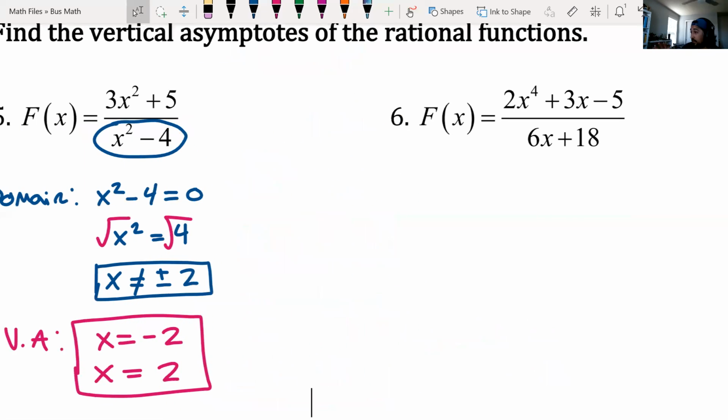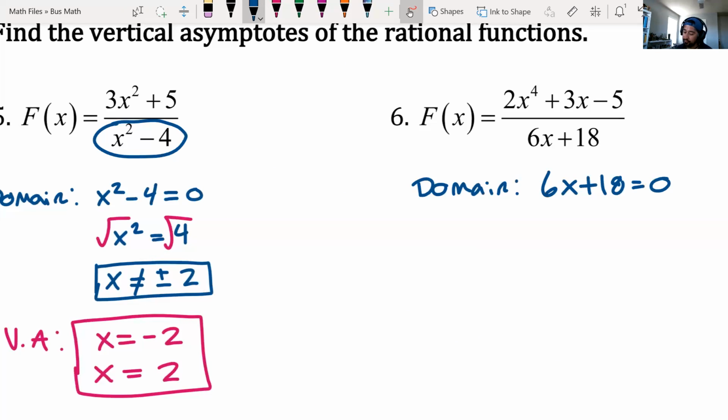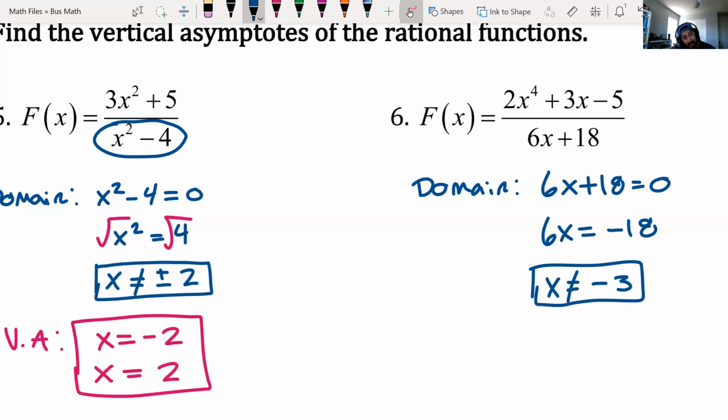Number 6, same thing. Find the vertical asymptote. First thing we do, find the domain. Take 6x plus 18, set it equal to 0. Move the 18 over, divide by 6, and x will equal -3. But we know this can't happen because if x is -3, the denominator becomes 0.